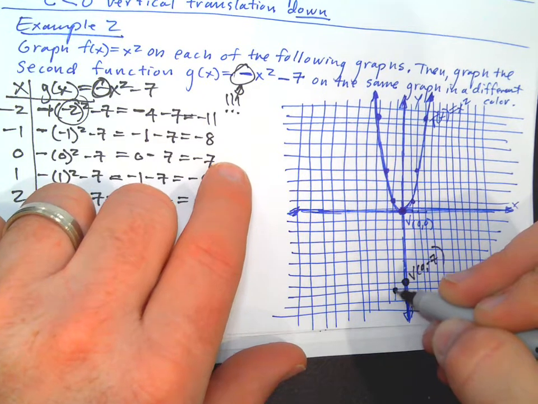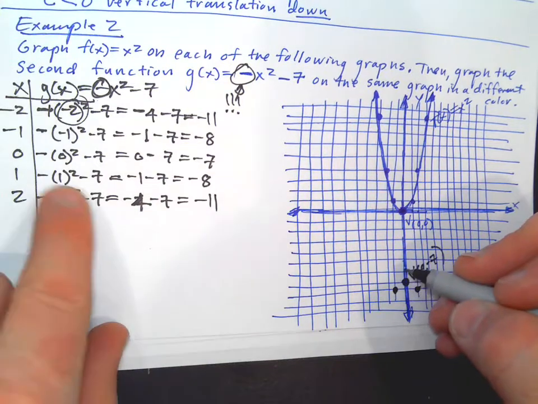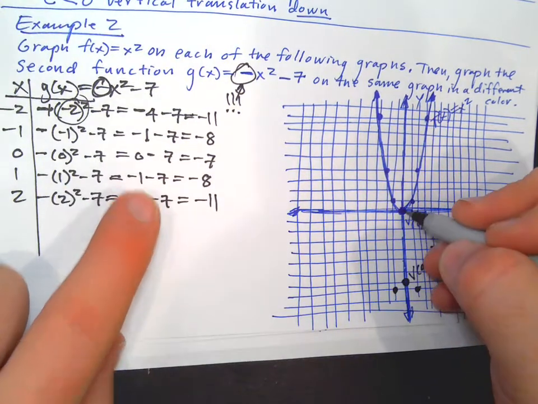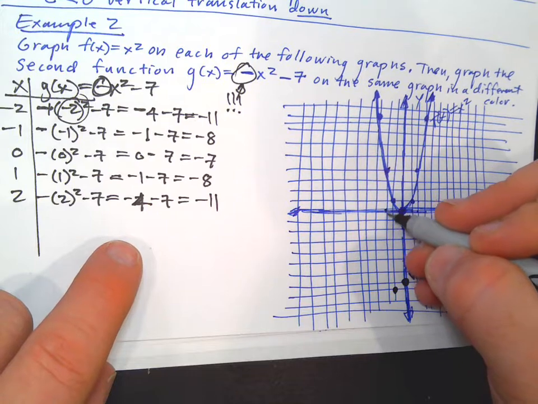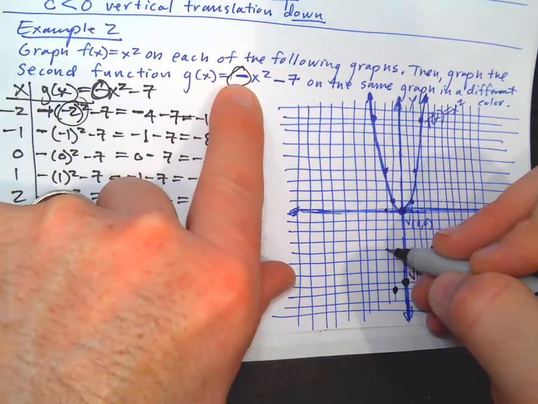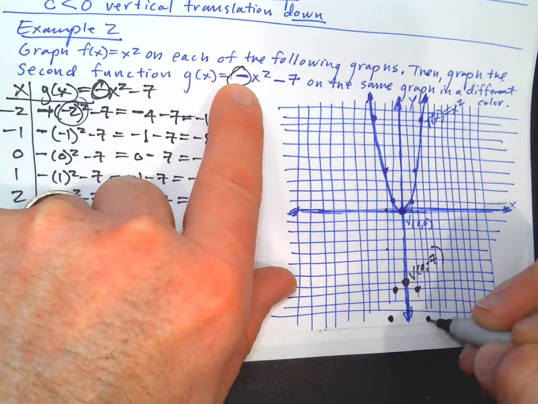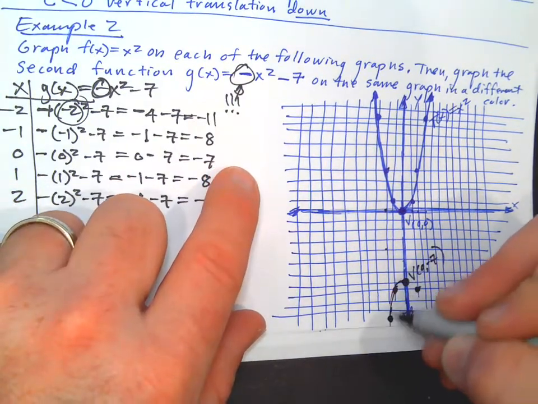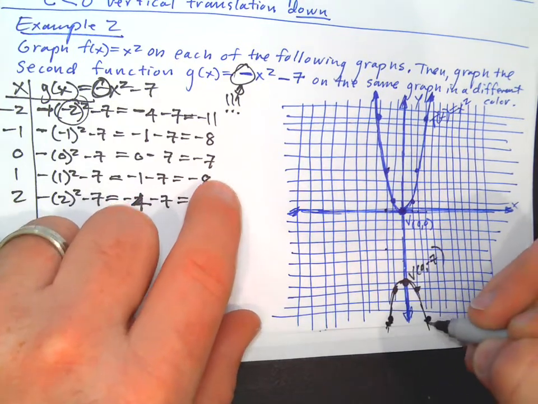Just going to put it at -8 on both sides. You look at this, -1, -8, 1, -8. Okay, instead of over 2 up 4, it's going to be over 2 down 4 because of the negative, and then down another 7 because of the -7. So that's your graph.